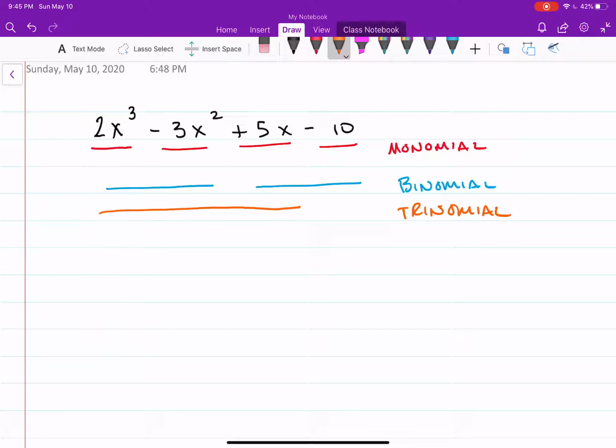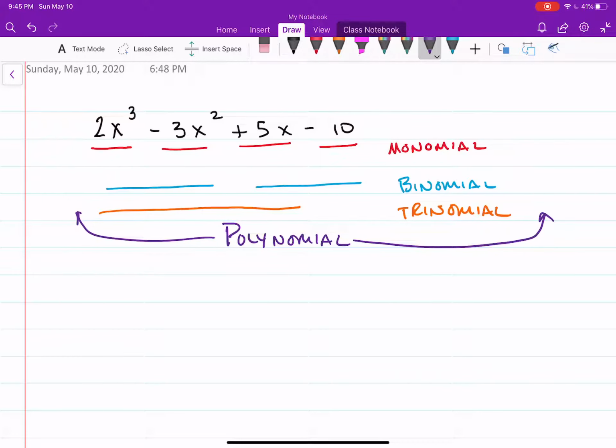All of these, no matter if it's 1 term, 2 terms, 3 terms, 4, 5, 6 terms, 100 terms, the rest of it is called a polynomial. So everything else is under the umbrella of a polynomial, and we can think of it that way.